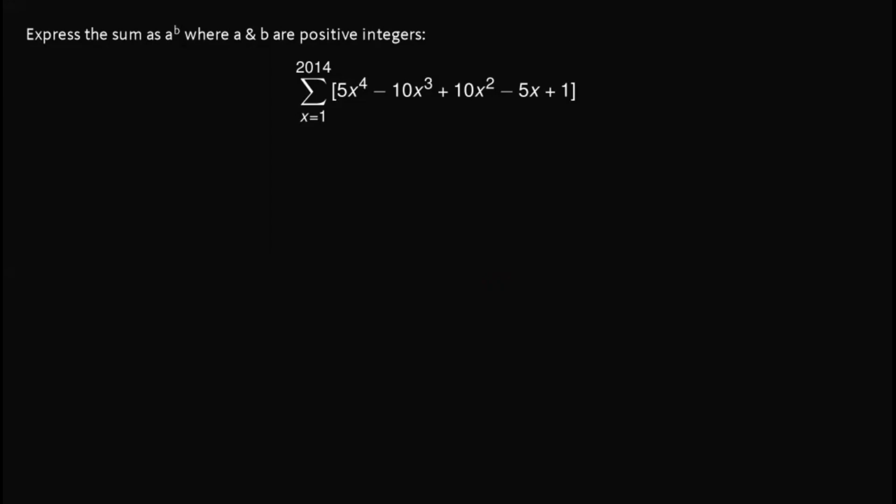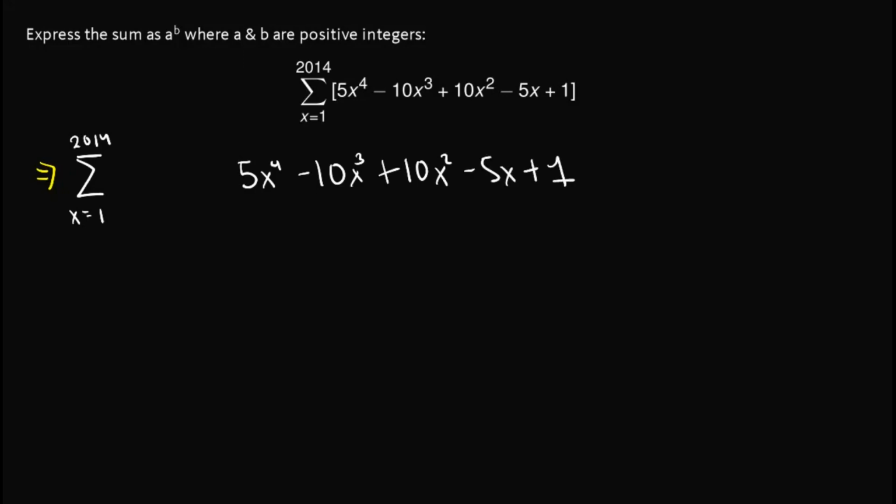So first, note that we can write the given summation as the summation from x equals 1 to 2014 of 5x raised to 4 minus 10x cubed plus 10x squared minus 5x plus 1.